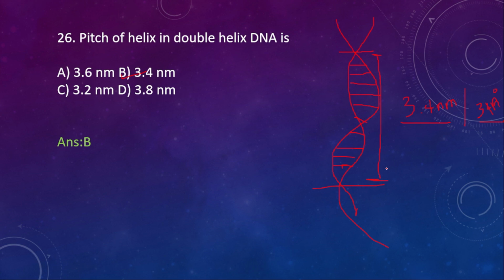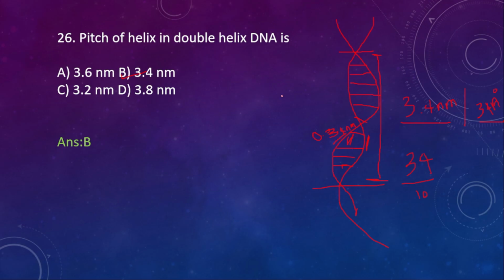if I ask what is the distance between the base pairs, what will you do? In total it is 34 angstrom, and there are 10 base pairs, so I will get this distance as 3.4 angstrom or 0.34 nanometer. Let me write it here: this distance is 0.34 nanometer.